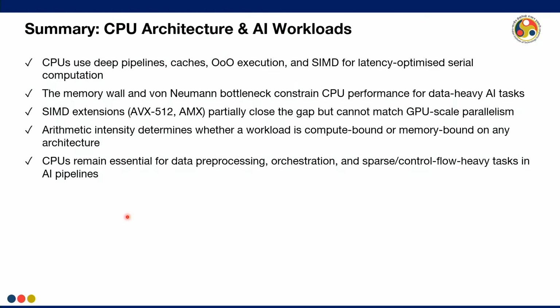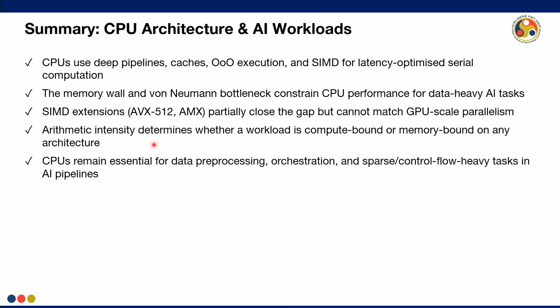With this, I will summarize this segment. CPUs have deep pipelines, caches, out of order execution, and SIMD for latency optimized serial computation, and the memory wall essentially constrains CPU performance for data heavy tasks, because AI tasks are data heavy. The SIMD extension partially closes the gap between the data to be processed and the instructions, but that does not match GPU scale parallelism, right?